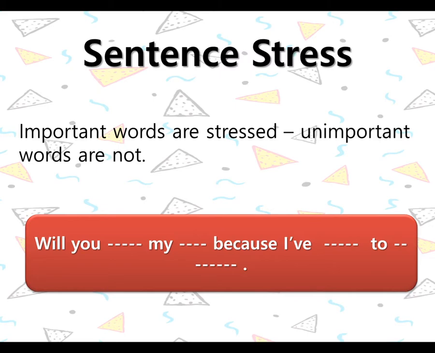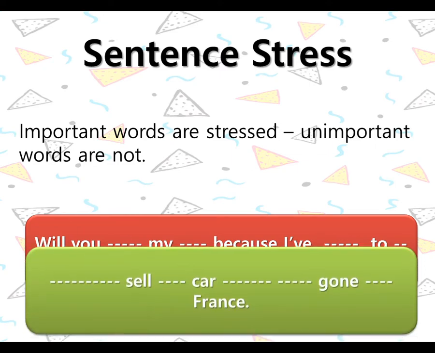So we see will you, my, because, I've, to. Now, we don't know what any of these things are, but we can see these are all functional words, not content words. So it's something we'll need to talk about.